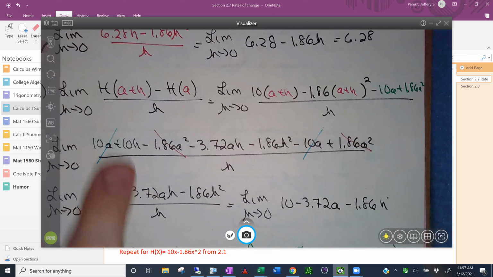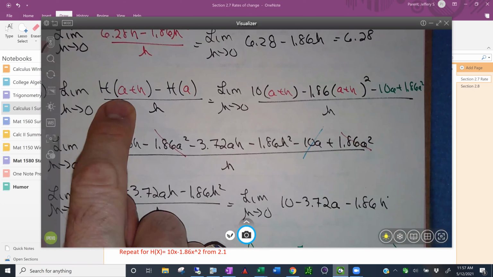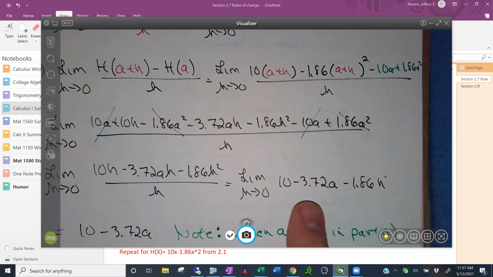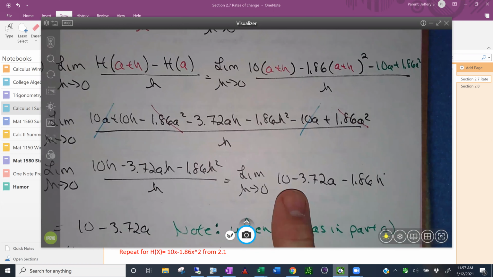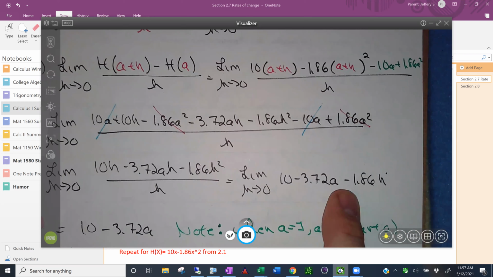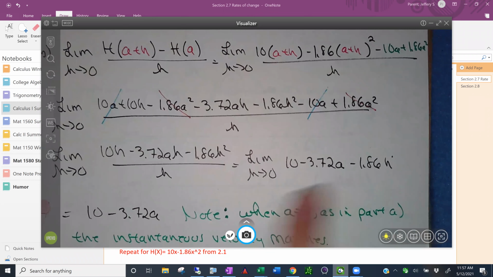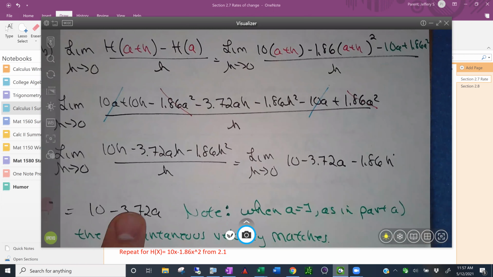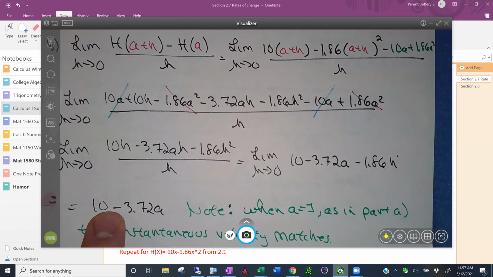In this case, I wrote an a. Later on, I'm going to just write an x. And when it's all said and done, I get this, which is okay. When you take the limit as h approaches 0, you end up with this, and that's fine.